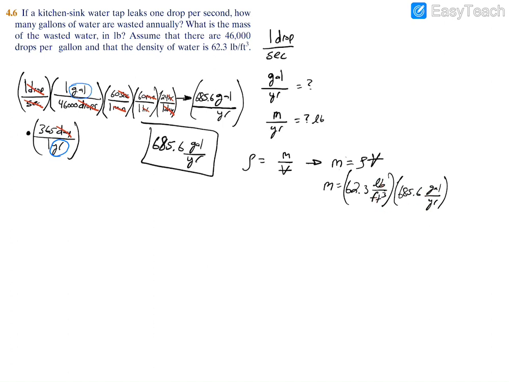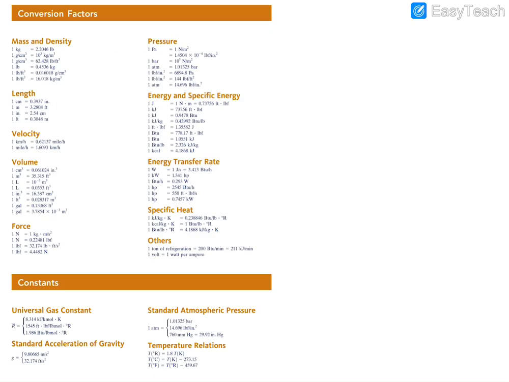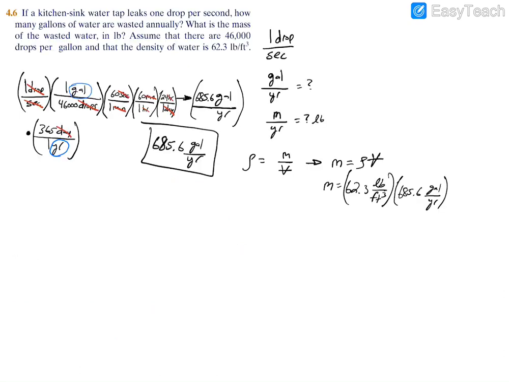They're not compatible. So if you go to your conversion chart here from the beginning of your textbook after the title page, and you go down to volume, you know that 1 gallon has 0.13368 cubic feet. So go back here, and we'll add that conversion factor in of 1 gallon being equal to 0.13368 cubic feet.